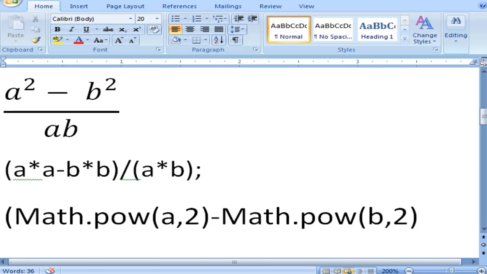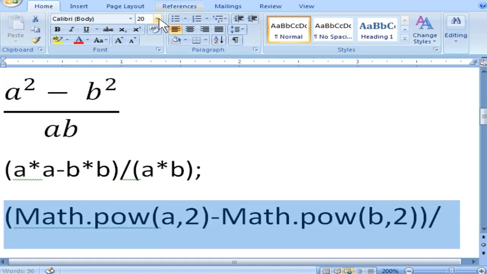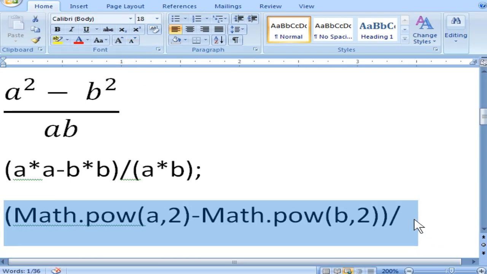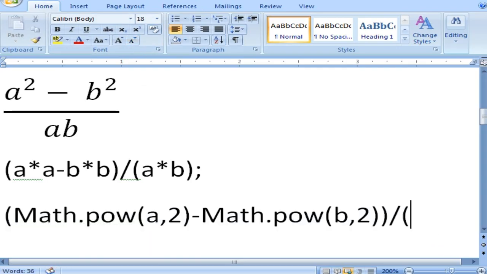So the numerator is over, then close the outside parenthesis. Okay, we'll reduce the font size so that it will be visible. Then finally again open parenthesis for the denominator, a into b, then semicolon. So this is how you will write the expression for the above mathematical expression.